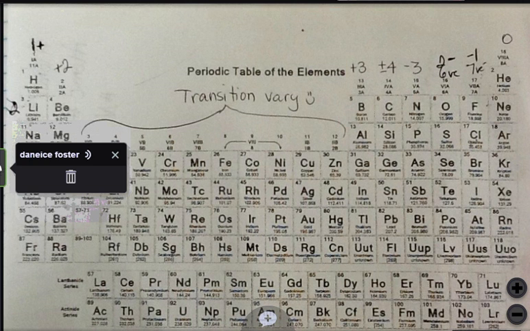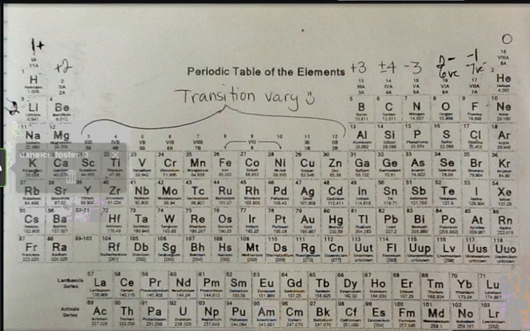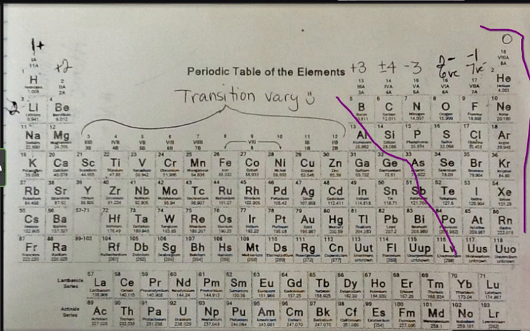So we said it is a nonmetal. And our nonmetals are going to be over here on this right side. There's bromine right here. So what is our ionic charge or our oxidation state? -1. So remember that or write that down.